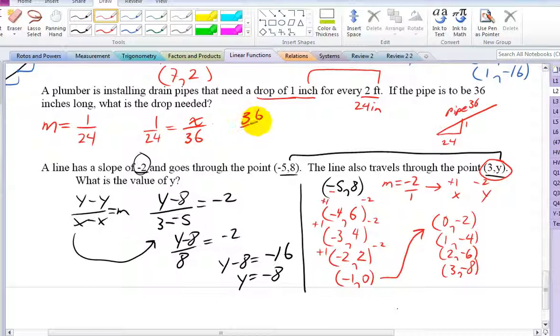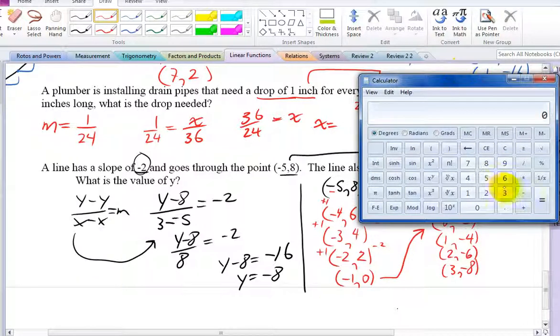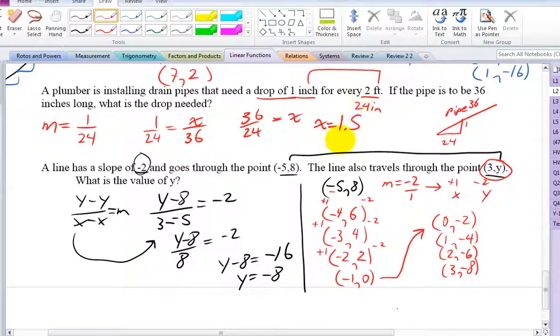So we get 36 divided by 24 equals x. What is x? I think I'm screwing this question up, but I'm going to keep going with it. 1.5. So this would be a 1.5 inch drop. I'm not screwing the question up, I don't think.